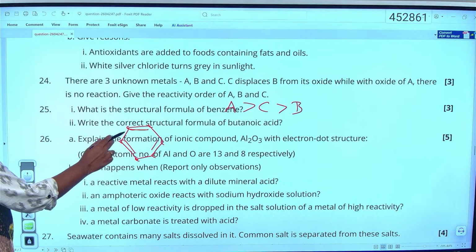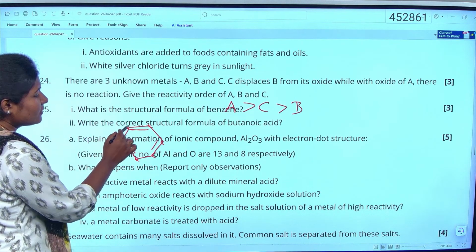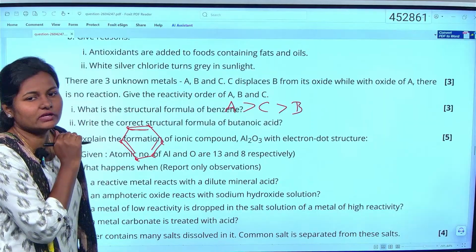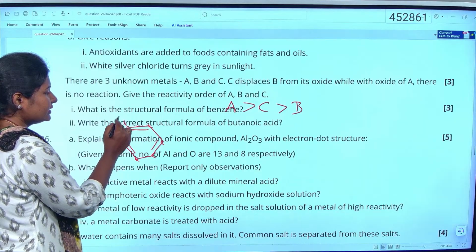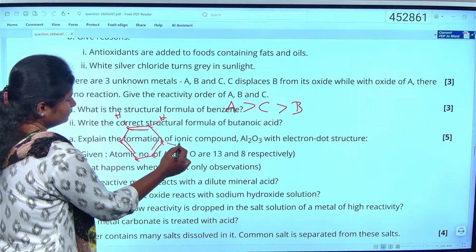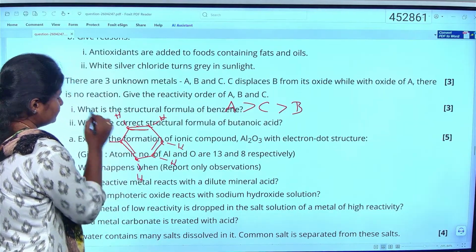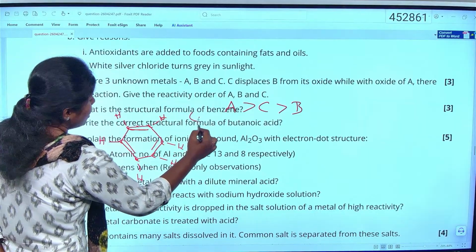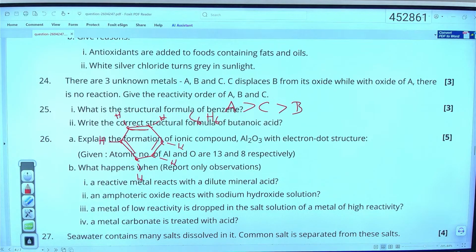So what should we do for each carbon? Satisfy the valency. How many bonds does this carbon have? The carbon should be surrounded by 4 bonds. How many bonds does this carbon have? 3. So this carbon will have 1 hydrogen. So the molecular formula of benzene was C6H6. The structure of benzene should be drawn like this.